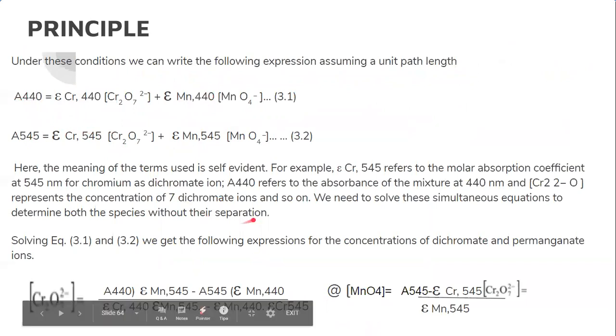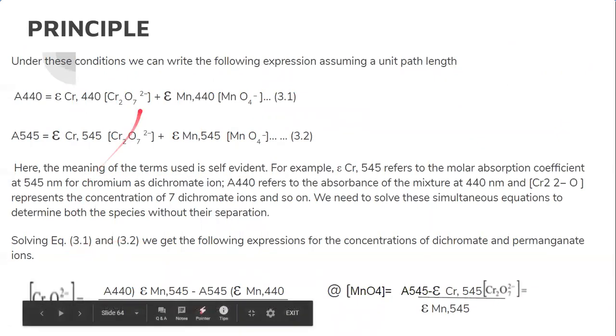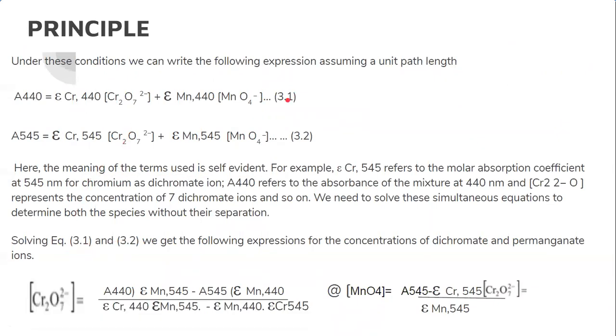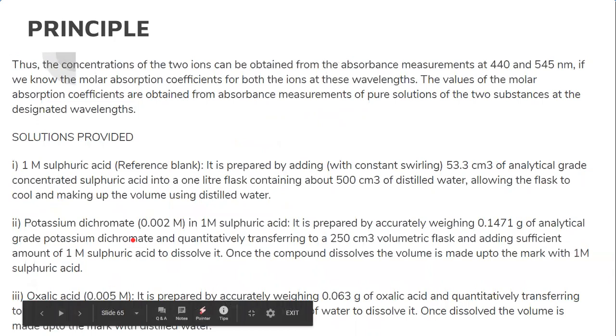And next, from this equation, which should be considered as equation one or equation two, with the help of these two equations we can find the concentration of chromium as chromate and, at the same time, of MnO4 minus, actually KMnO4, the permanganate ion.